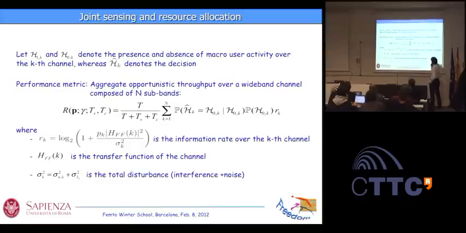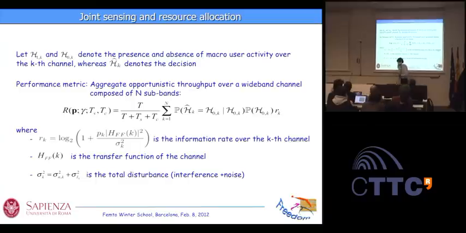We use here the probability that we are doing the right thing. It means that it is correct to transmit. This means that we are transmitting over the channels which are not busy. They are not occupied by other people. So this is why we weight the rate with this probability: the probability that there is no one, multiplied by the probability that we take the decision there is no one, assuming that there is no one.